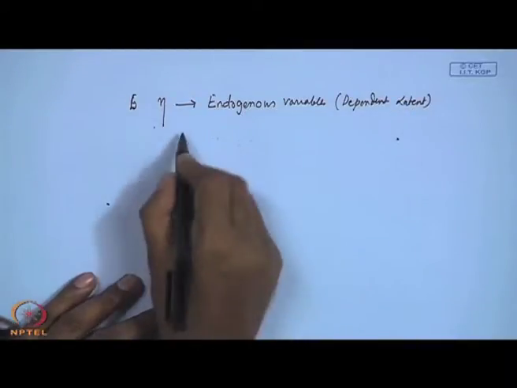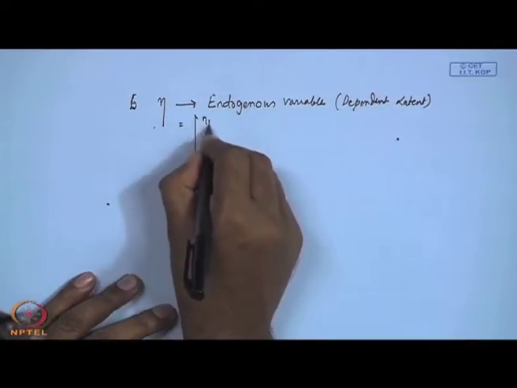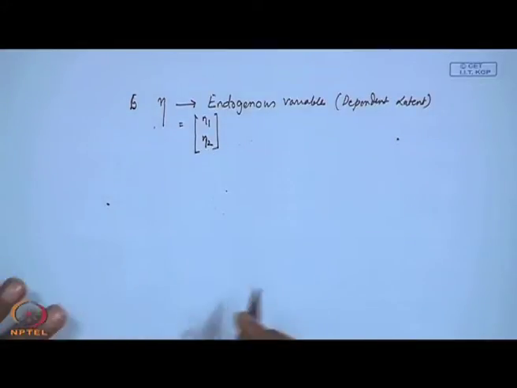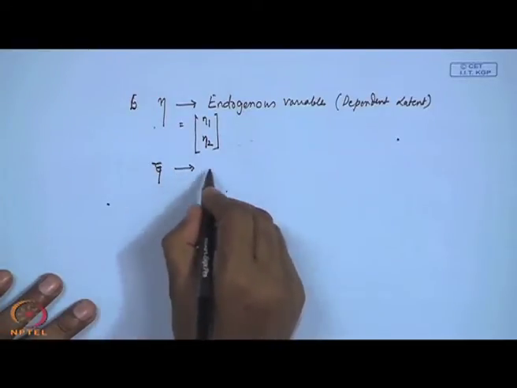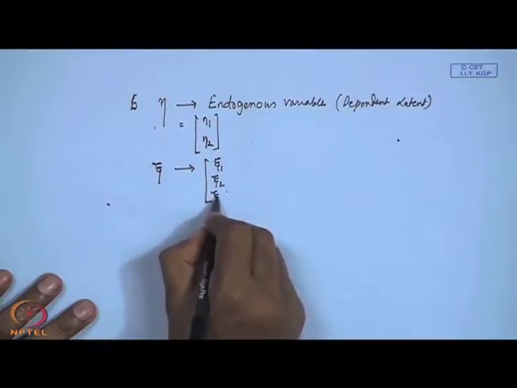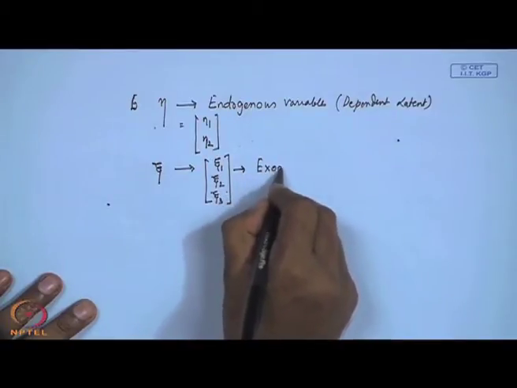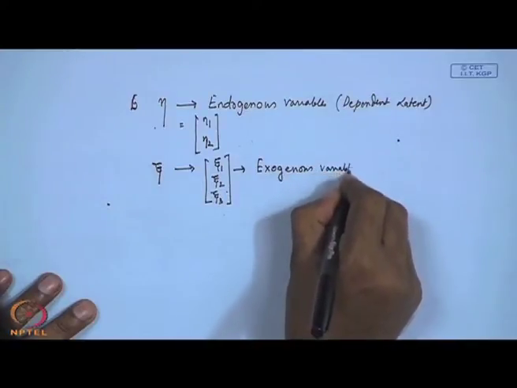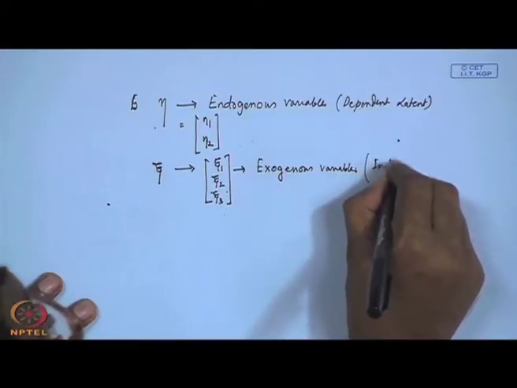In the example given, these are eta 1 and eta 2. Then there is another variable, xi, which in this example is xi 1, xi 2, xi 3, known as exogenous variables. This is the independent latent.